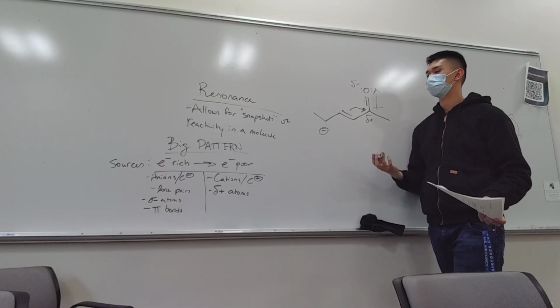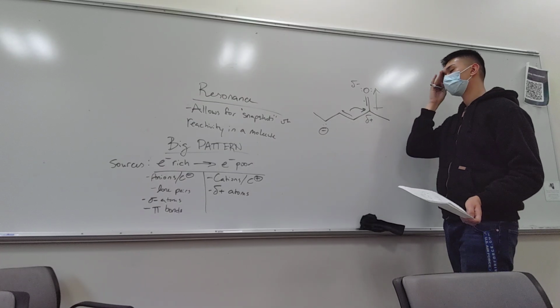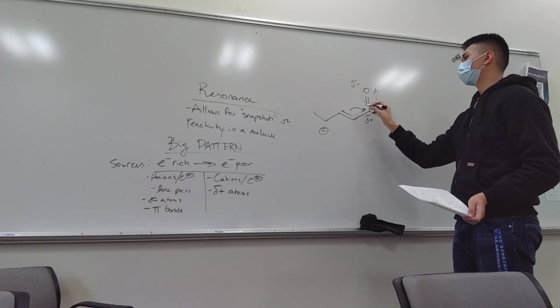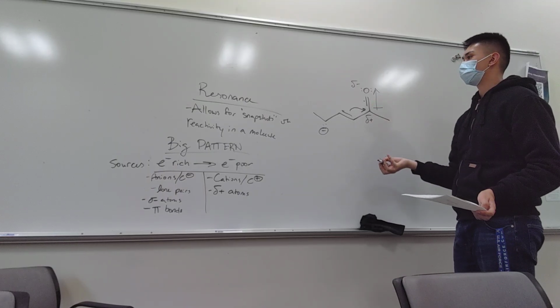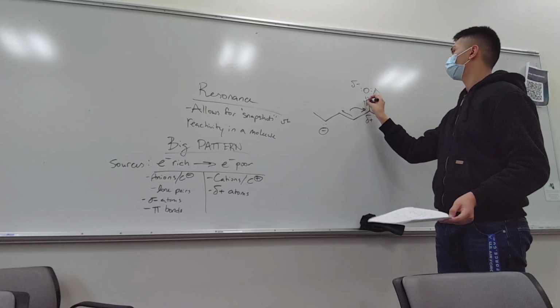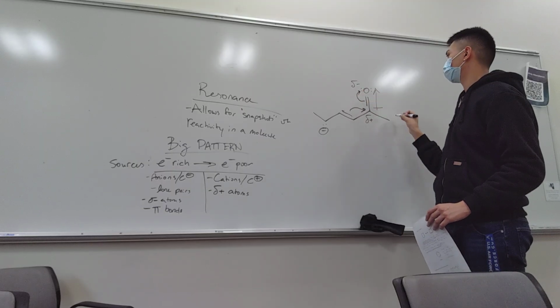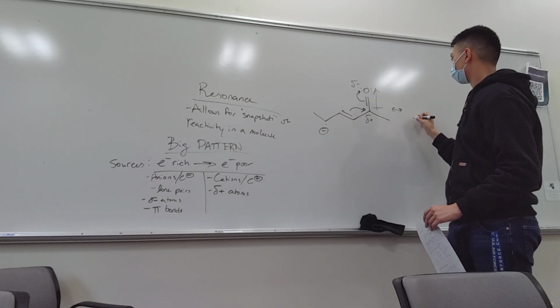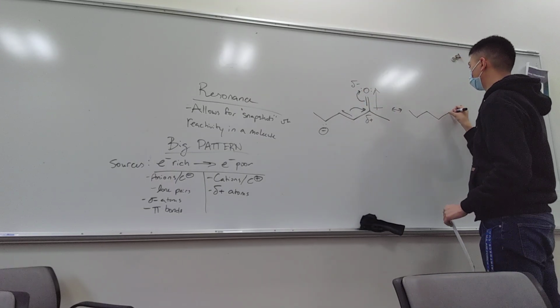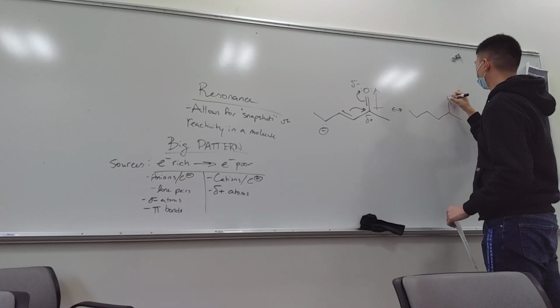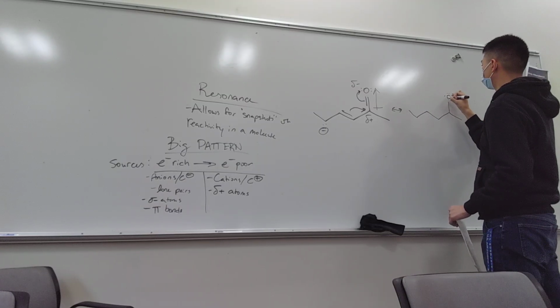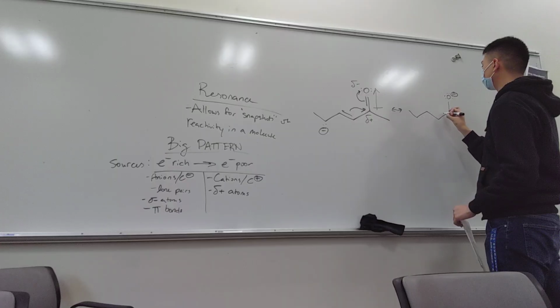Electrons don't want to be near other electrons. So by abiding by that, as well as not wanting to break the octet rule, we move this pi bond upwards to the oxygen, and we make a new resonance structure, where this oxygen has that full negative charge.